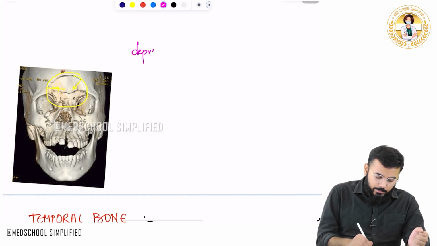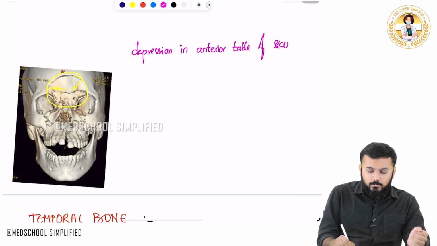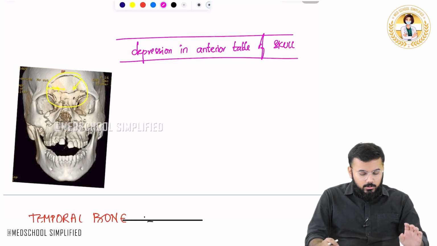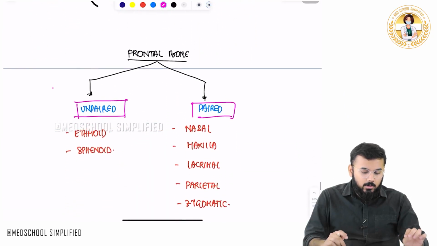So there is depression in the anterior table of the skull. Okay, so this is one of the very important things which you need to know over here, the anterior table of the skull. So this is regarding your frontal bone.